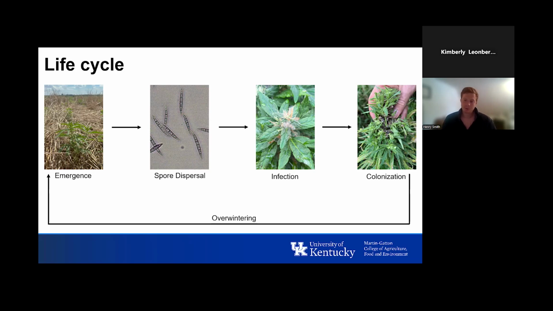And when temperatures are moderate, 75 to 85 degrees typically, and when humidity is pretty high, usually above 90%, you can see symptoms appear as little as 5 days after infection. And then following this, after we have all this disease develop in the field, the process just restarts with the fungus overwintering in those infected tissues and reemerging the following spring.